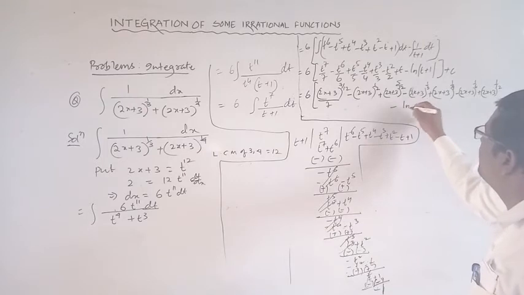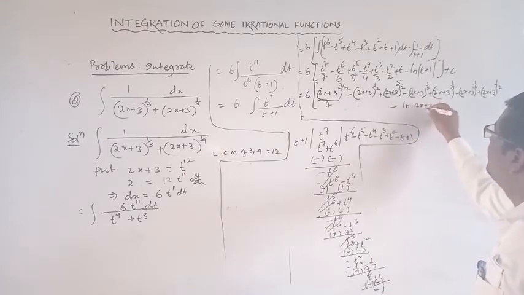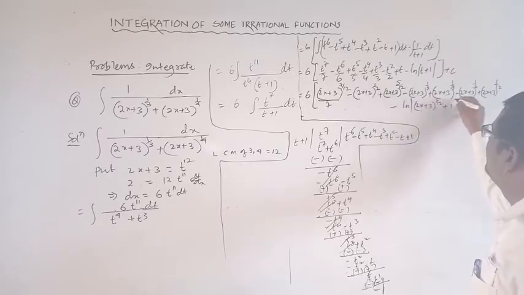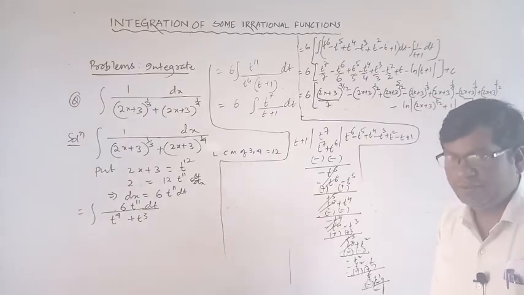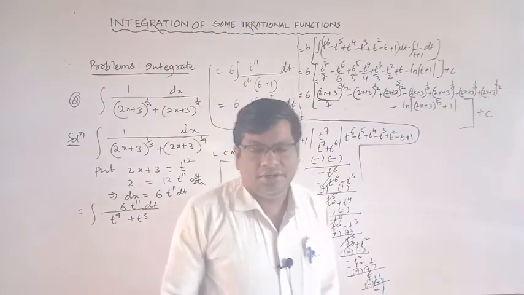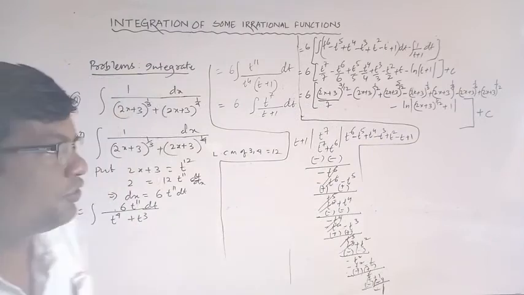Minus log of (2x plus 3) whole to the power 1 by 12 plus 1, bracket close, plus c. This is the answer. Okay, now next question, next type of questions.